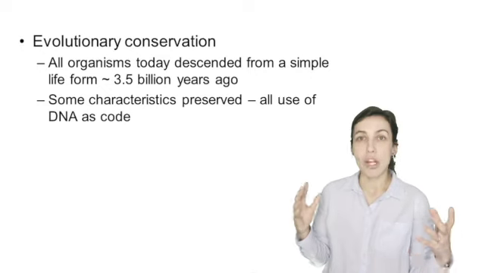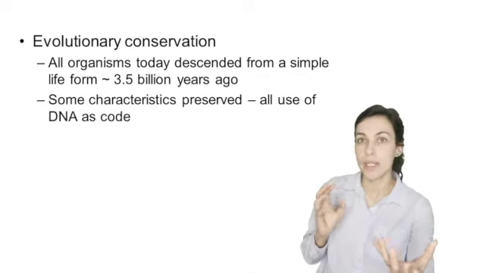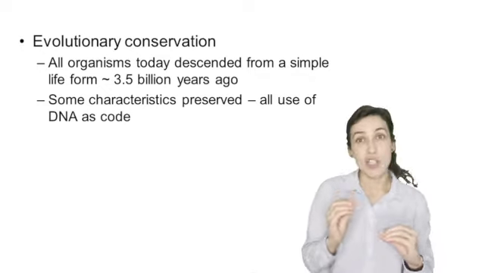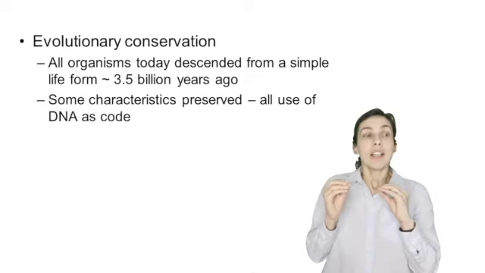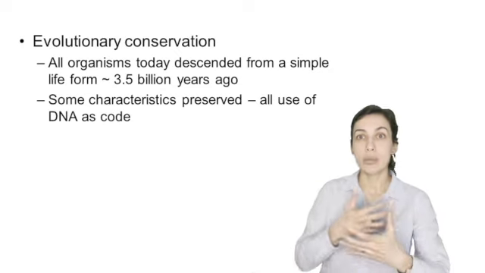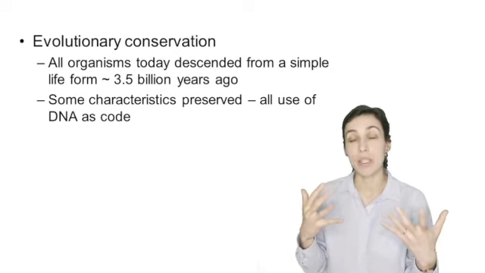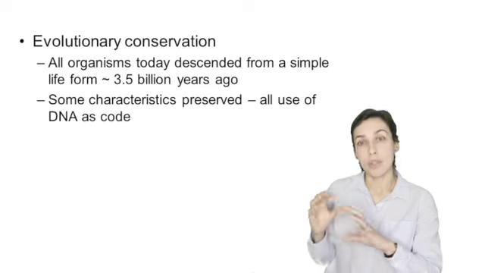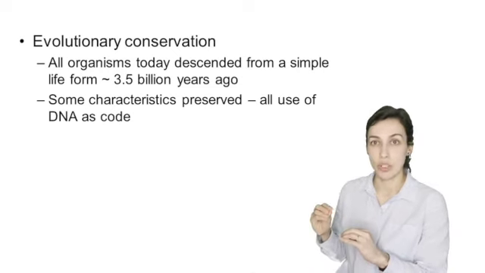And as far as we know, because science is always fine-tuning its ideas, the process that led to such a big diversity of life that we see today is all mechanisms of evolution.